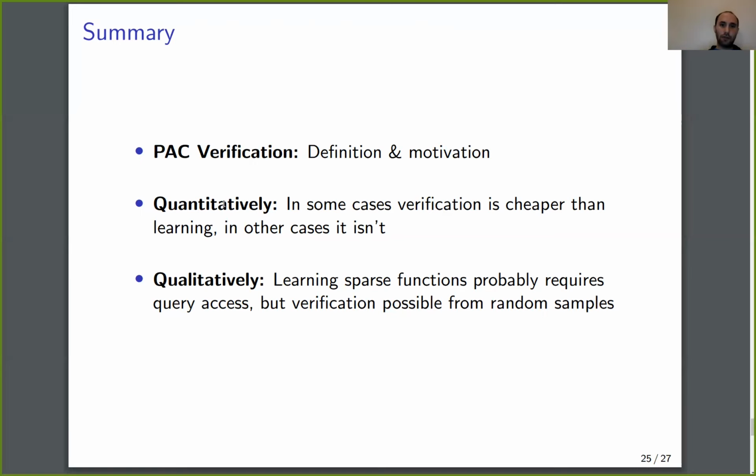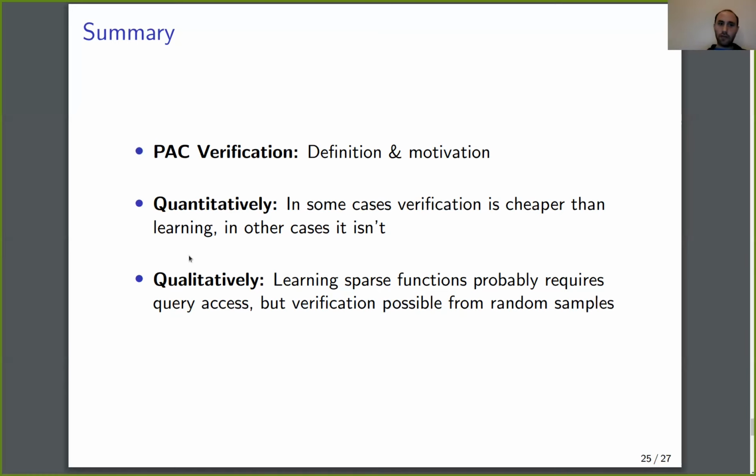You have a situation where the verifier is cheaper both in samples and in runtime. And we saw in other cases, for instance, if you just choose a random class of hypotheses, that verification and learning require the same amount of samples.